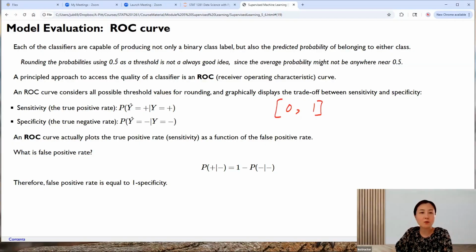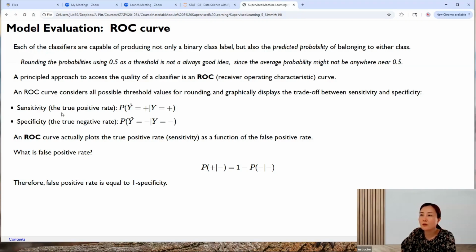Consider all of the thresholds and evaluate the performance of the model for all of these possible thresholds. Right? Use different thresholds to do the rounding, to predict the value of y hat. And it graphically displays the trade-off between sensitivity and specificity.